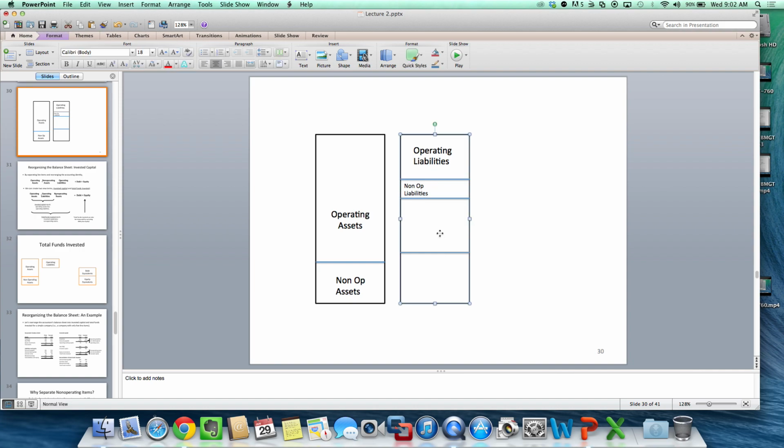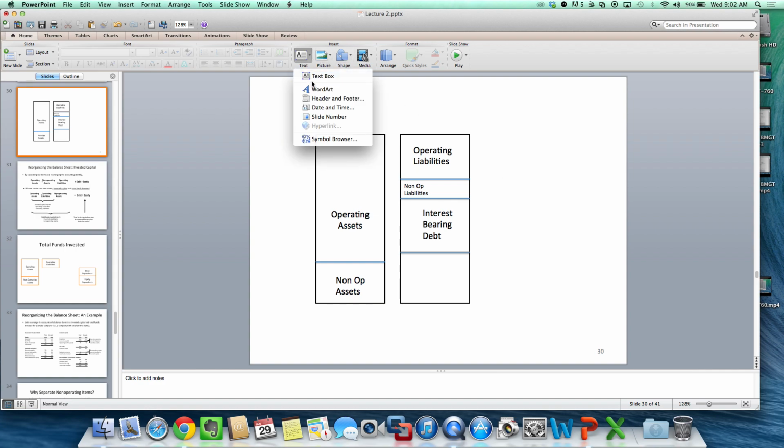The third form of liability is going to be our debt. So this is any interest-bearing debt. So that's the point. We're going to rearrange the liabilities into these three categories: operating liabilities, non-operating liabilities, interest-bearing debt.